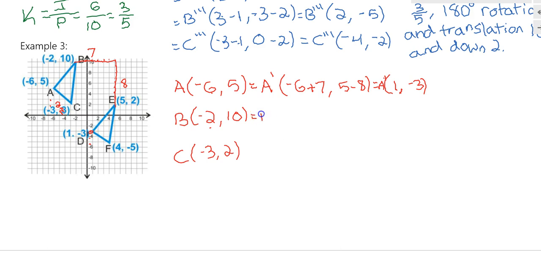Same thing for B is going to be negative 2 plus 7, comma, 10 minus 8. Negative 2 plus 7 is 5. 10 minus 8 is 2. That looks good.